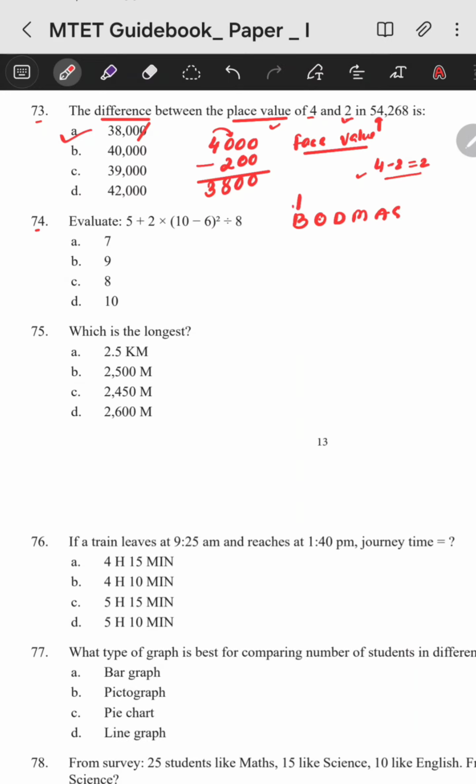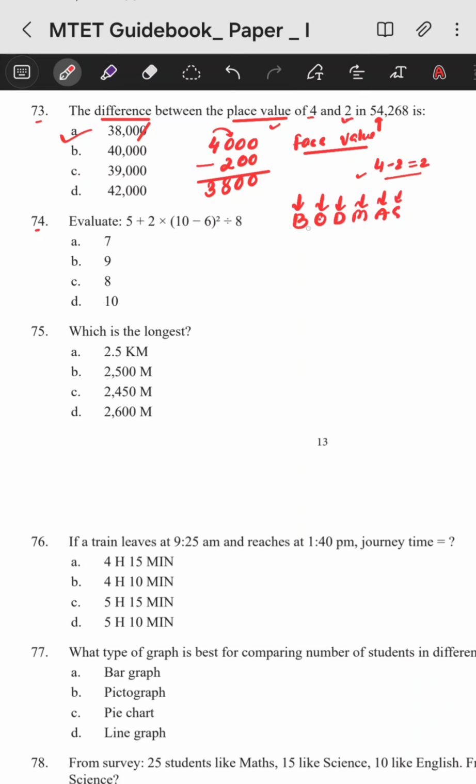Here B stands for bracket, O stands for order, D stands for division, M stands for multiplication, A stands for addition, and S stands for subtraction. So this order, this pattern we have to follow.